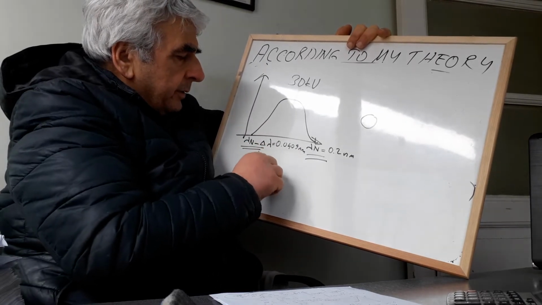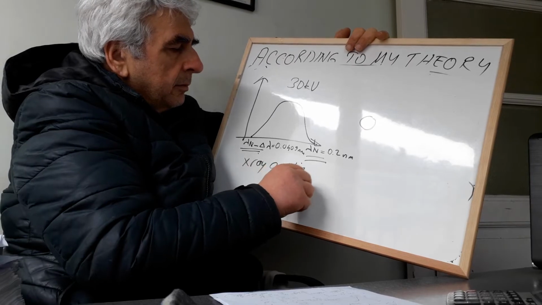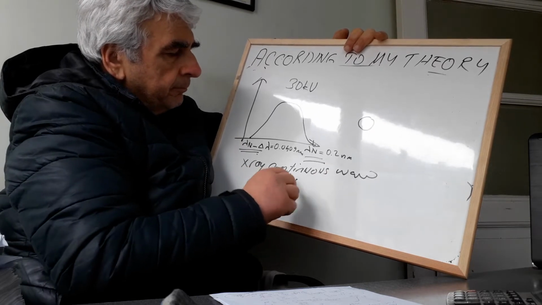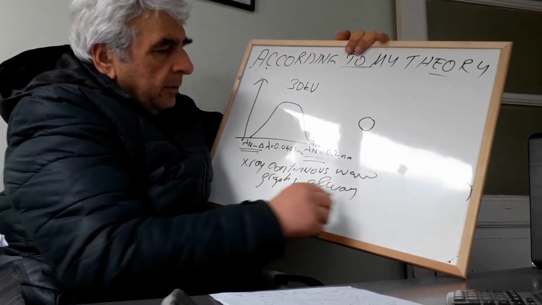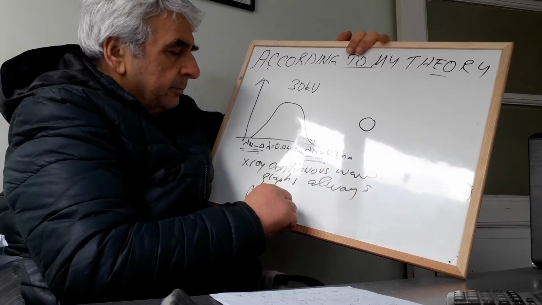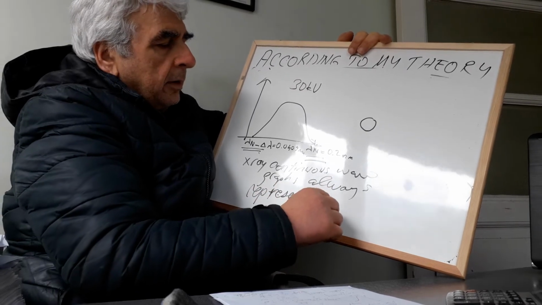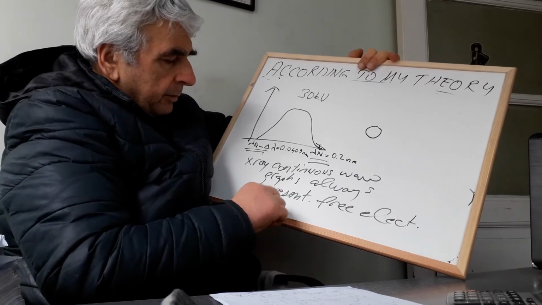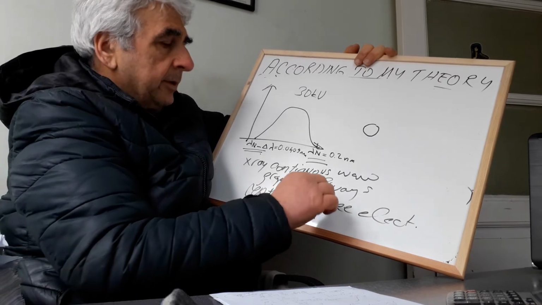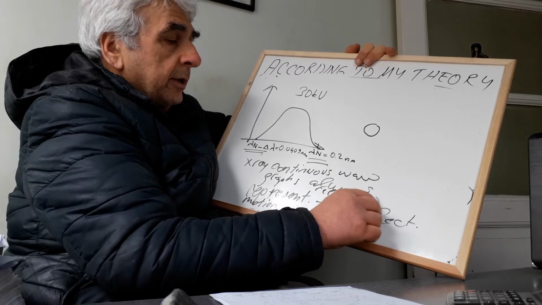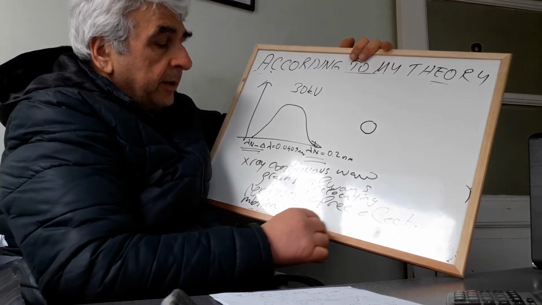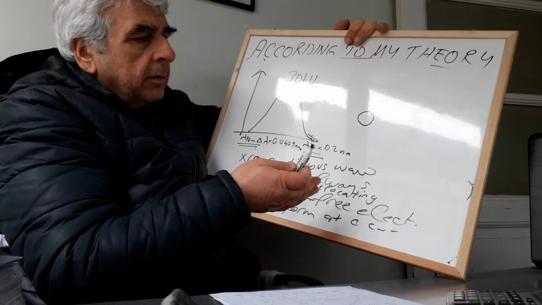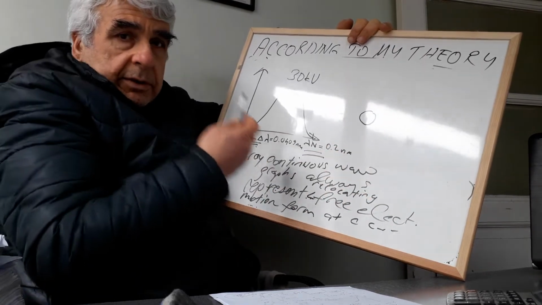X-ray continuous wave graphs always represent free electron motion form, but relocating, free electron motion form at a certain velocity, or sometimes maybe accelerating or decelerating velocity.